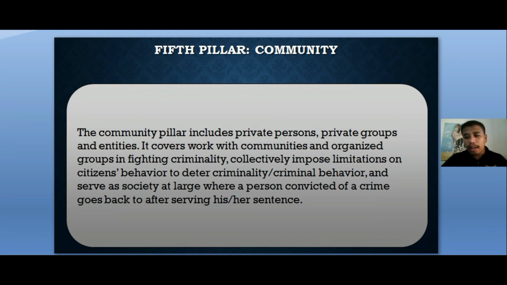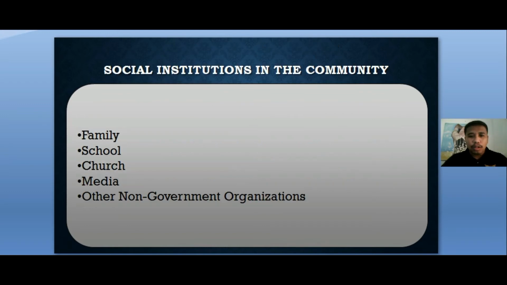Because without the help or without the aid of the last pillar, which is the community, the functions and the responsibilities of the law enforcement, the prosecution, the court, and the correction will never be a success. So it is important that the prisoner will be accepted to the community with open arms. At the same time, the community should also help in fighting against criminality. So the following agencies have crucial role in terms of crime prevention.